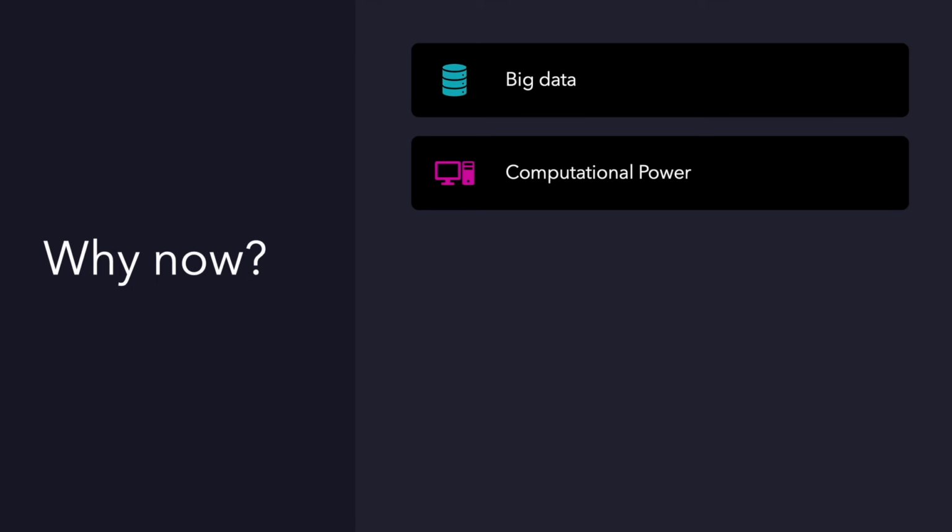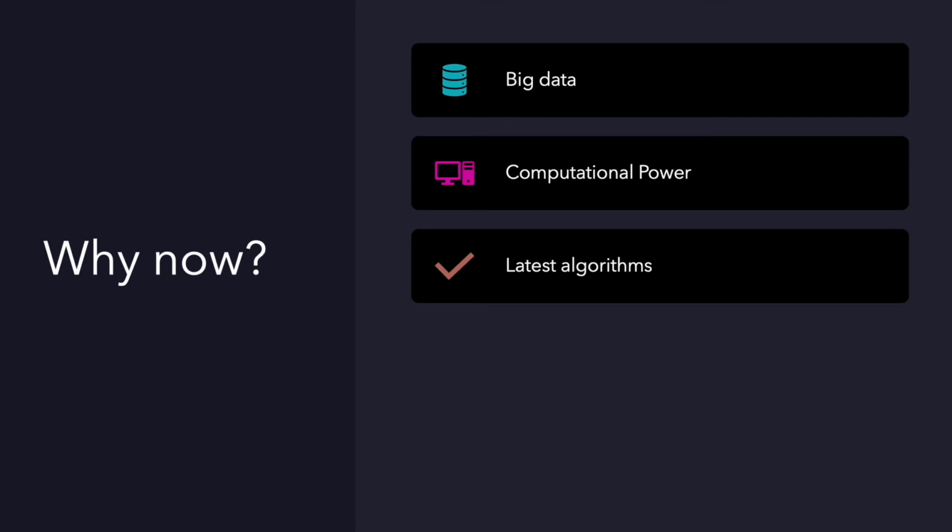Today, with quantum computers, this difference is increasing dramatically. So the second reason is computational power. And thirdly, researchers and companies are developing new algorithms. For example, Google developed BERT, a language model that is quite good at natural language processing tasks. So the third reason is the latest algorithms developed by researchers and companies.